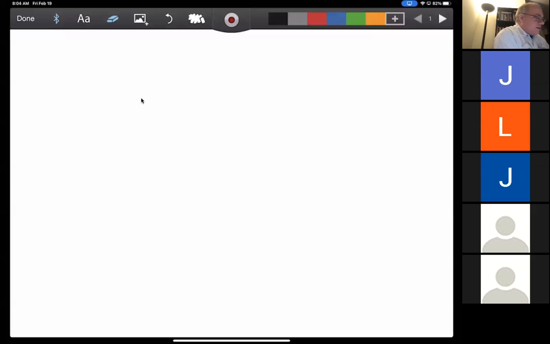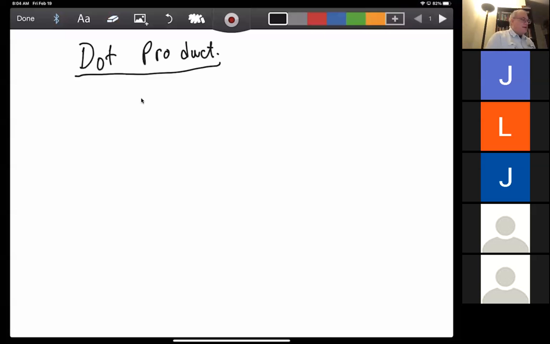All right, so we're talking about the dot product today. We saw the basics about vectors last time. We know that we can add and subtract vectors. Remember, we work component by component when we do that.